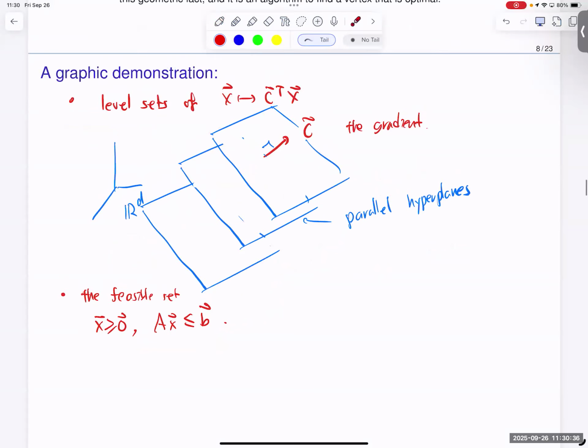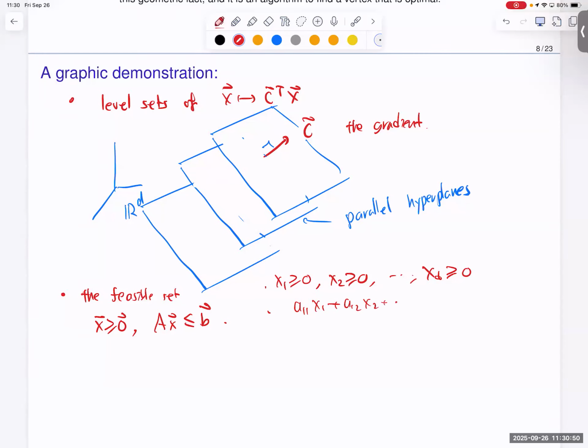So these conditions are like x1 bigger than 0, x2 bigger than 0, and so on, and a11 x1 plus a12 x2 up to a1d xd is less than b1, all the way to the last row. Okay, I'm just copying this.